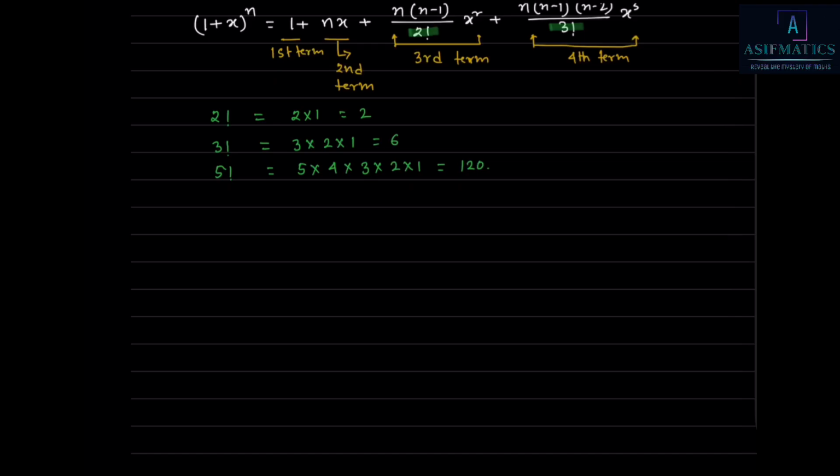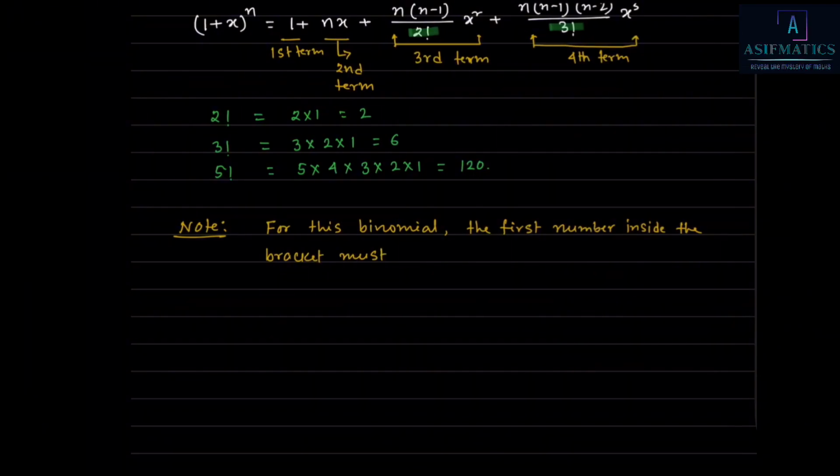So you keep this note for this binomial, please remember this one: the first number inside the bracket must be 1, and then you have the x function. So the first number must be 1.